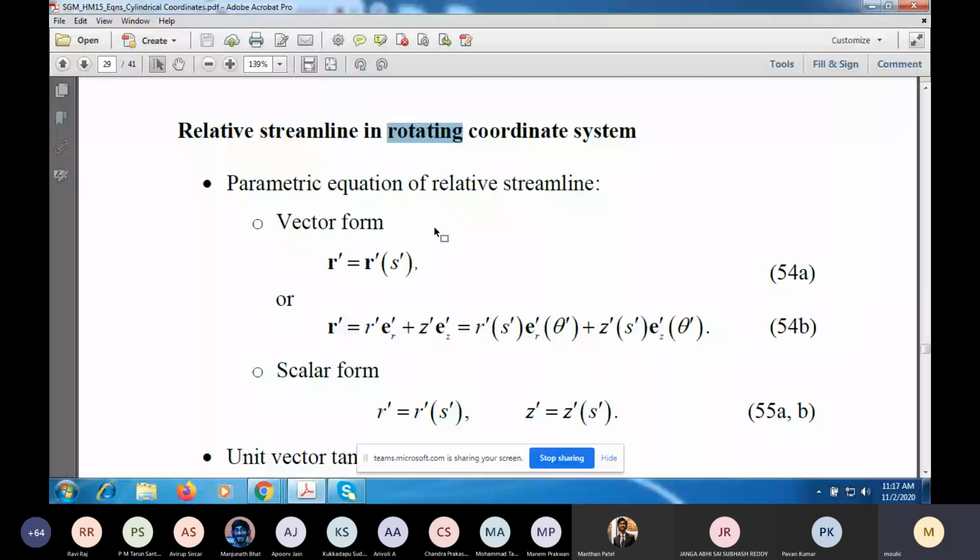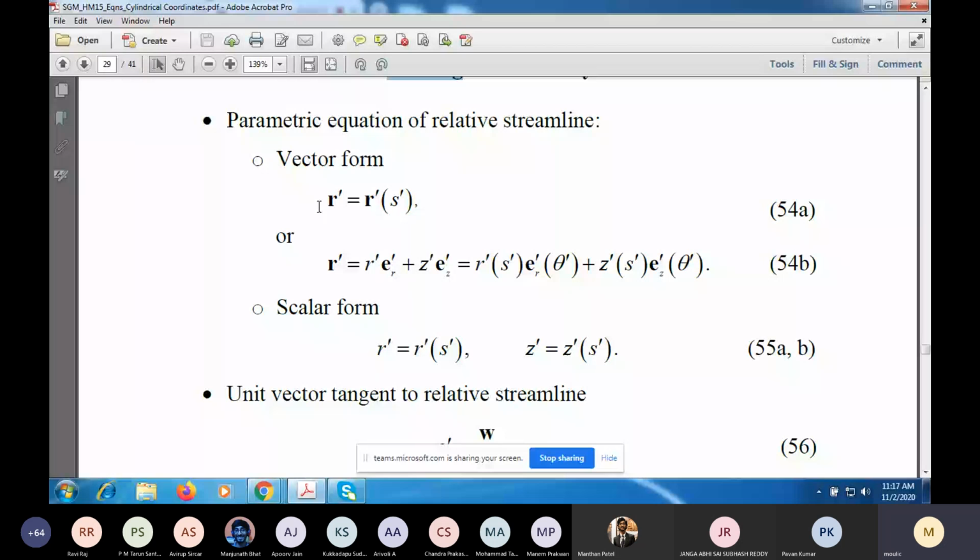So I can write it in this form. The position vector r prime is a function of s prime, where s prime is an arc length along the streamline. But r prime is r prime e_r prime plus z prime e_z prime. Okay. So the theta dependence is coming through these unit vectors. But the position vector itself has just r prime and z prime.